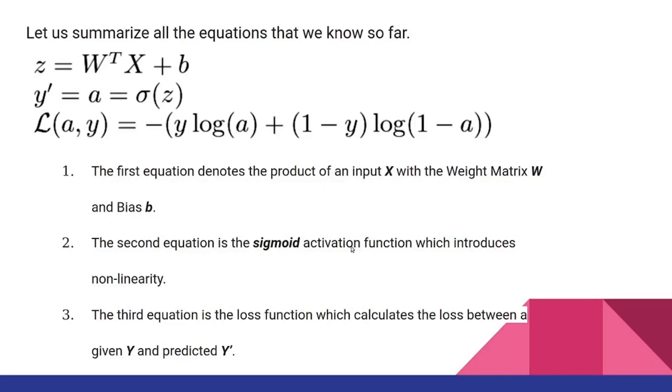The second equation is a sigmoid activation function, which we saw before, 1 by 1 plus e to the negative x, which introduces non-linearity, which is very important. The third equation is the loss function, which calculates a loss between a given y and a predicted y dash. That is the key takeaway of the loss function. It gives us the loss between a given y and the predicted y, and we want that to be minimum.